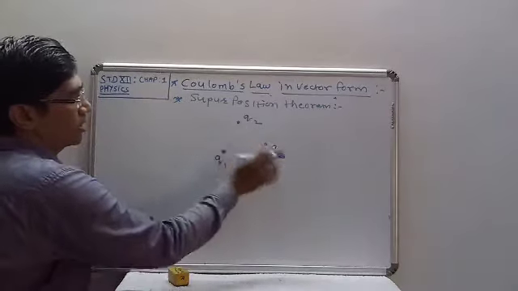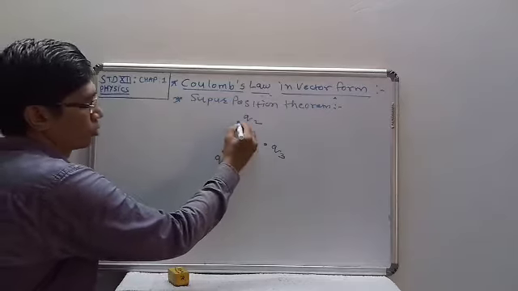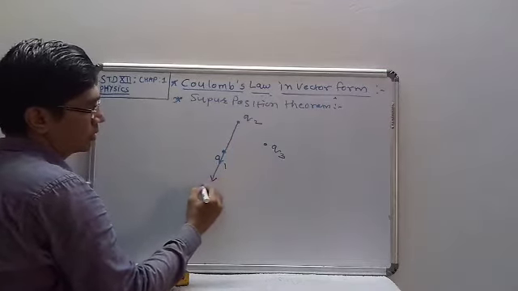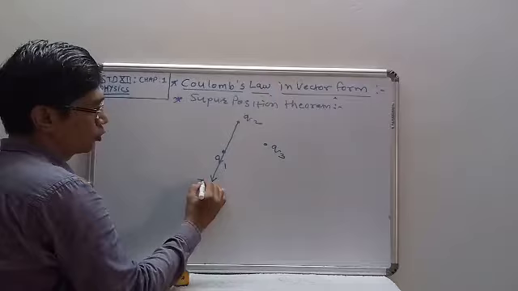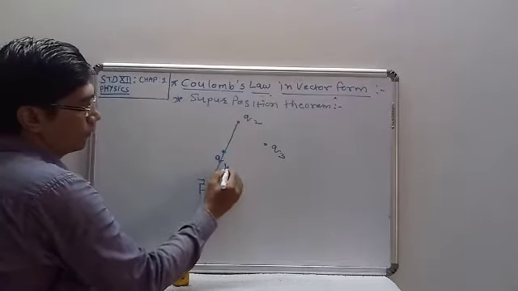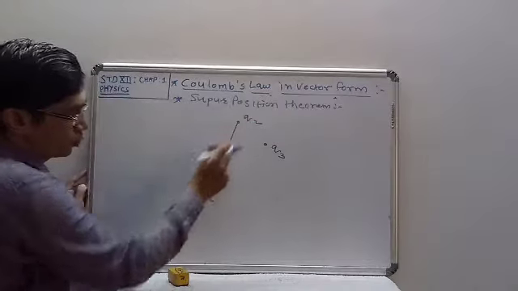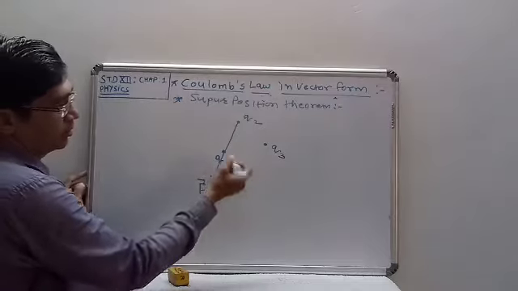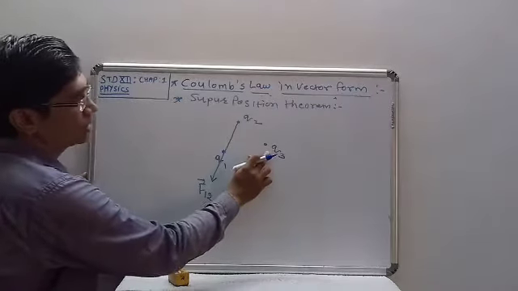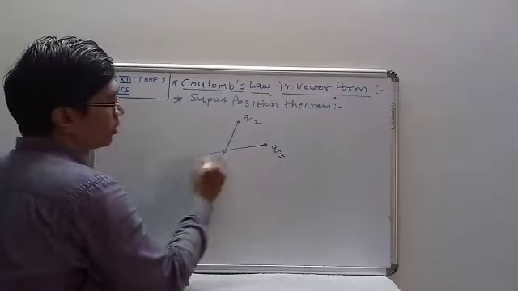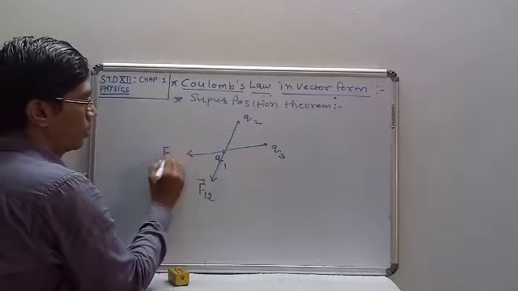Let us take all these charges as positive charges. So this is F1 due to 2, the force exerted on the Q1 charge due to Q2 charge in this direction. The force exerted due to the Q3 charge on the Q1 charge in this direction.